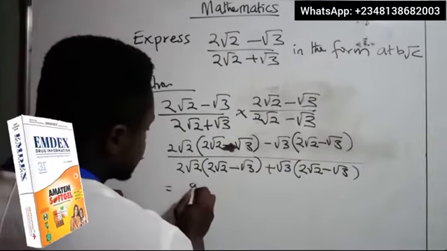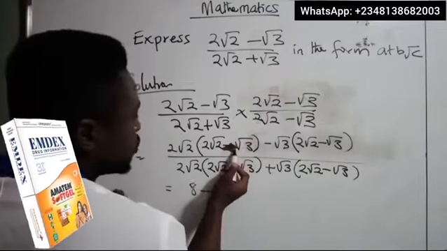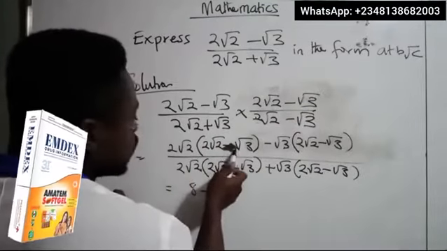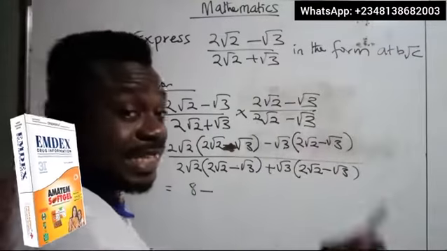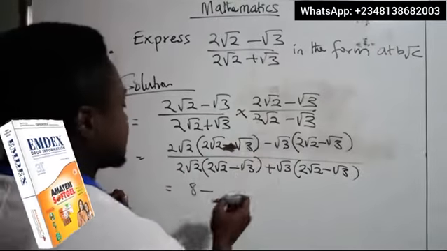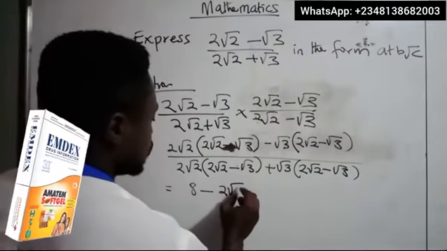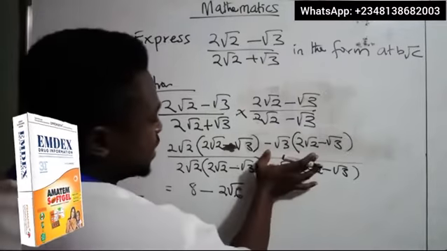So we have 8 minus 2 root 2 times root 3. The coefficient of root 3 here is 1, so 2 times 1 is 2. But root 2 times root 3 is root 6. That means we have 2 root 6. Good. Then let's open this bracket too.